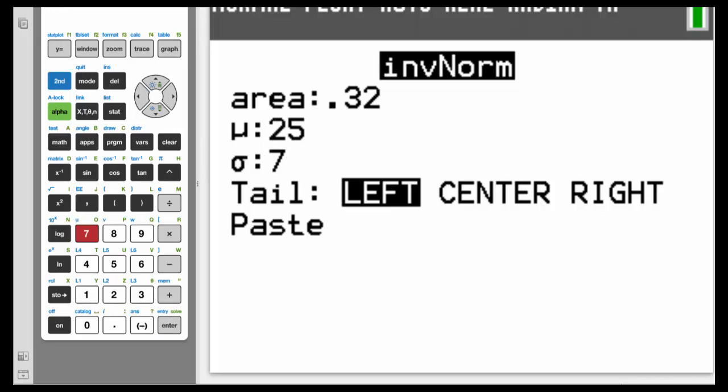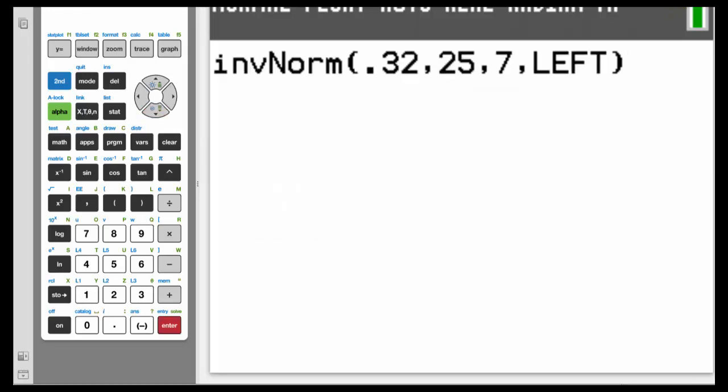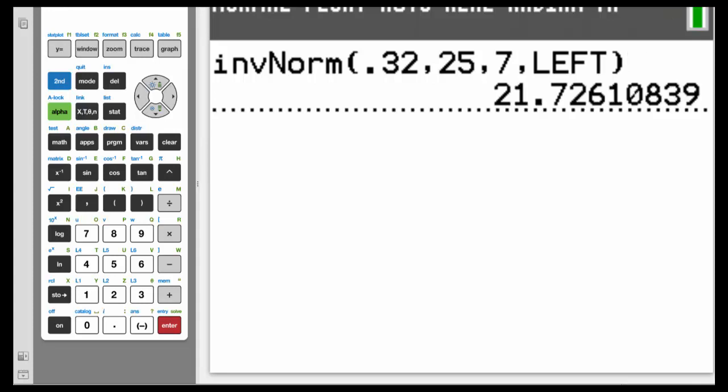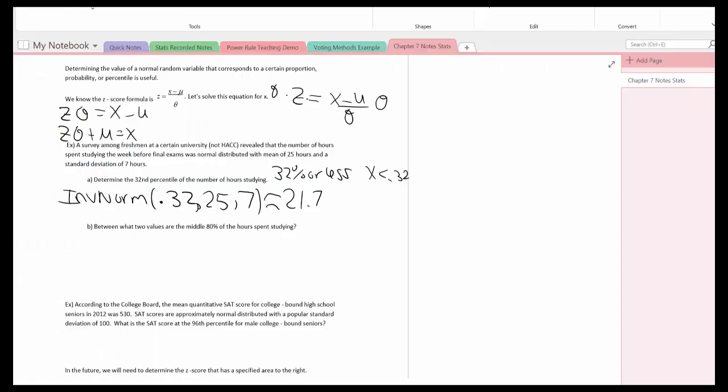For the tail part, if this is an available option on your calculator, I will always put that to the left, so I will never move that. Highlight, paste, and hit enter. I'll write it to 1 decimal place on the paper: 21.7. Now, I will round this to the nearest hour, so this is approximately 22 hours. Don't forget your unit of measurement.